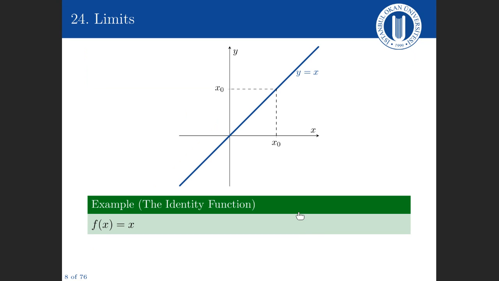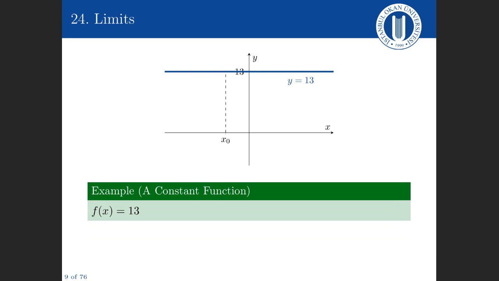Let's look at some examples of easy functions. Suppose, first of all, we look at the identity function, f of x is equal to x. And then we can ask, what is the limit as x tends to some number x0 of x? And from the graph, we can see that this must be x0.